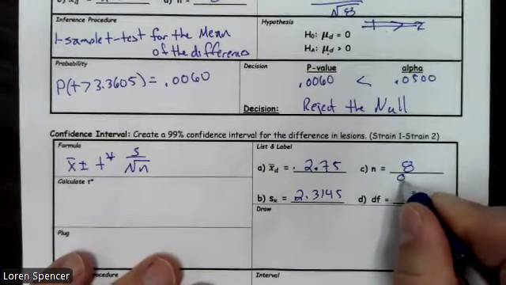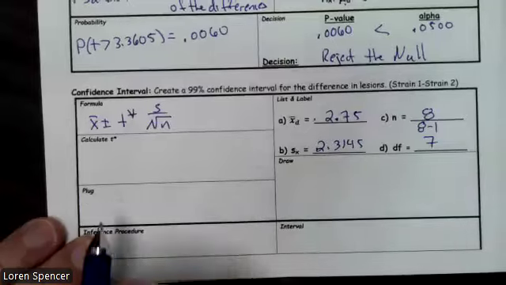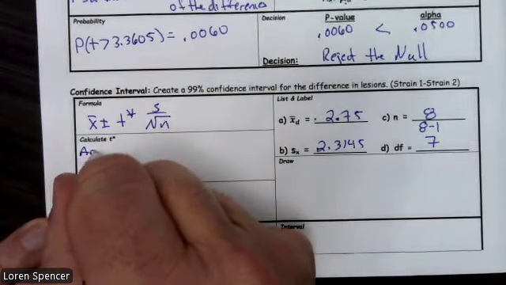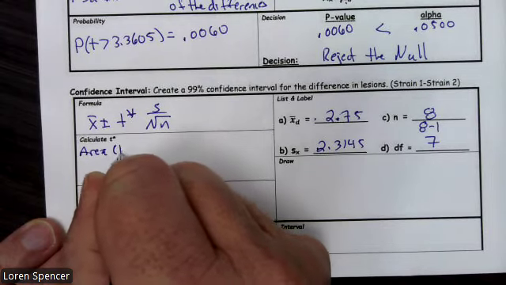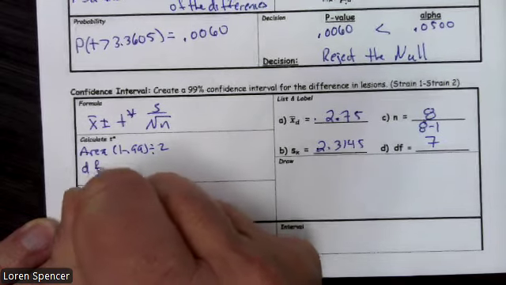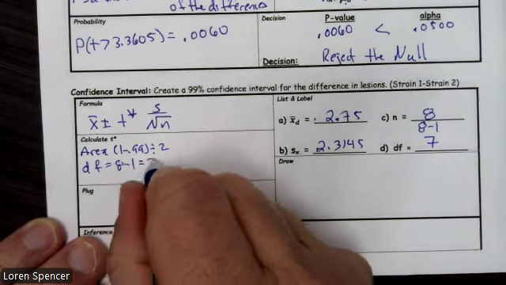Degrees of freedom are 8 minus 1, so we have small degrees of freedom. Now we know our degrees of freedom, we can calculate t-star. It's going to be an inverse T. We know that by now. Area (1 minus 0.99) divided by 2, degrees of freedom 8 minus 1 equals 7.